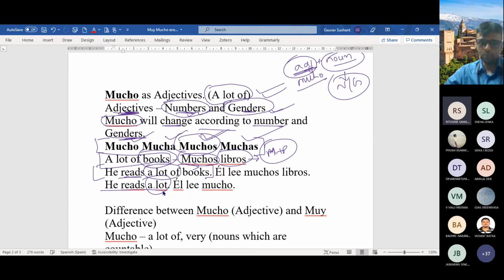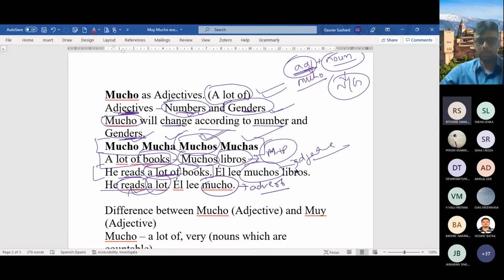Now this is just a lot, which is referring to the reading activity, so this mucho is basically an adverb. But here it is a lot of, which is basically muchos, and this is an adjective. That is something you have to keep in mind.